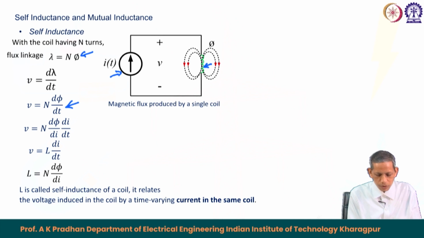So, the voltage V equals N d phi by dI into dI by dt, and this voltage we mark as V equals L dI by dt.